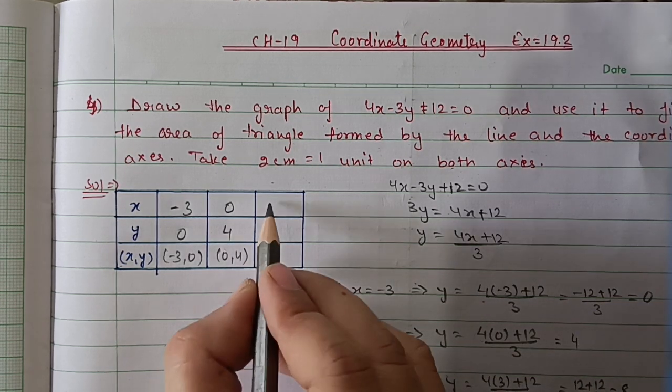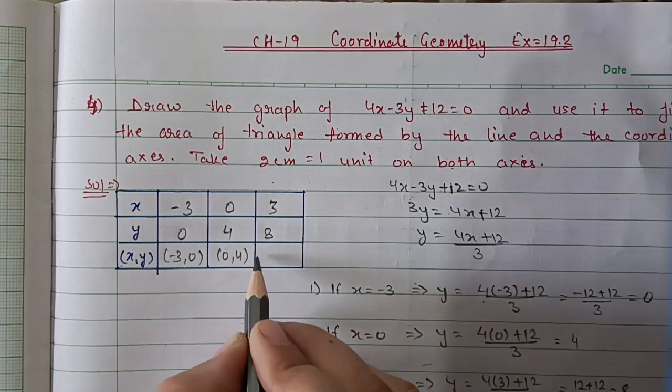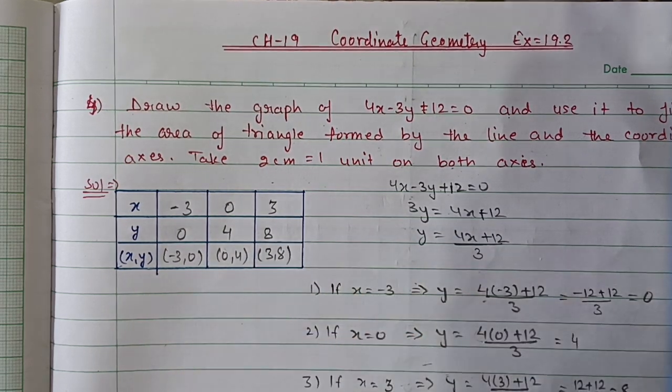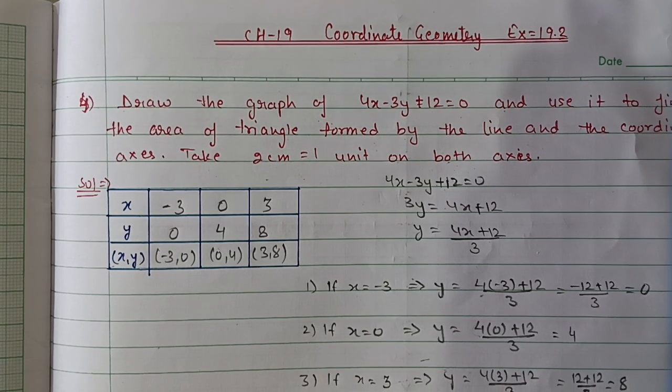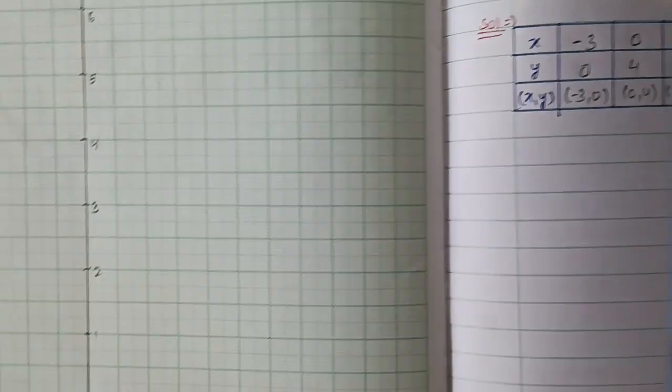So when x is 3, y is 8. In between points I have not taken because their y value is coming in decimal. If you are comfortable with decimal values, you can plot those also. So now these 3 points we will plot in the graph.